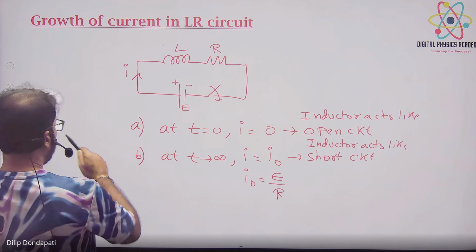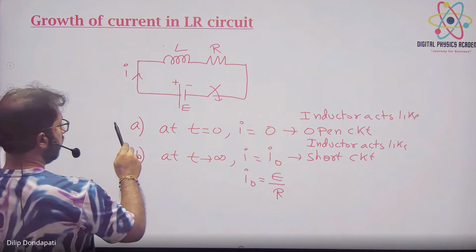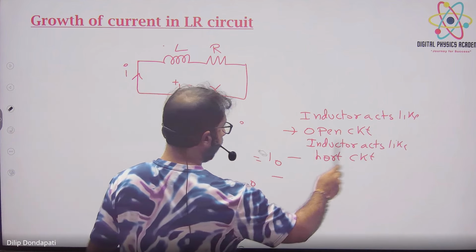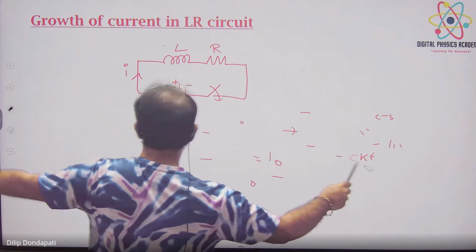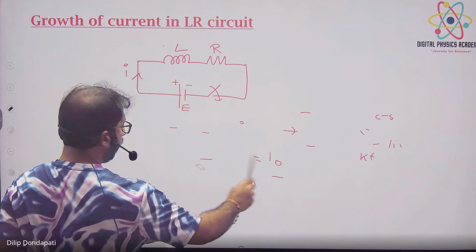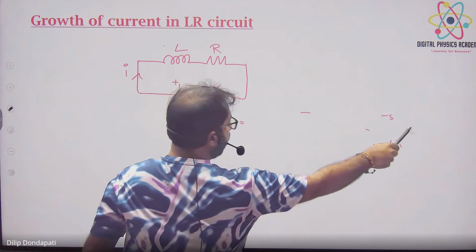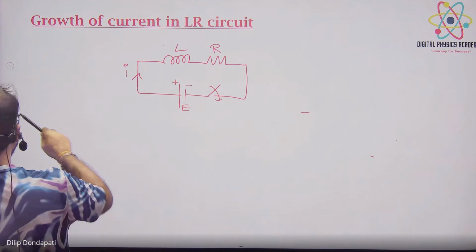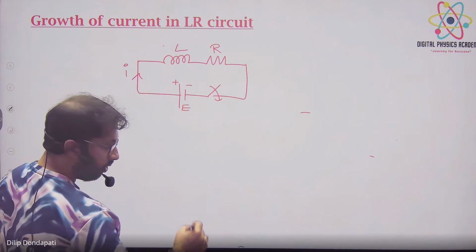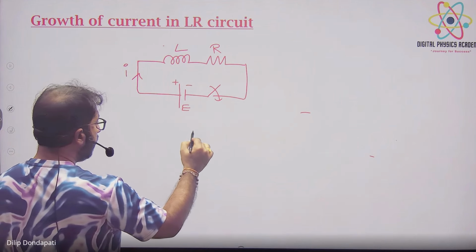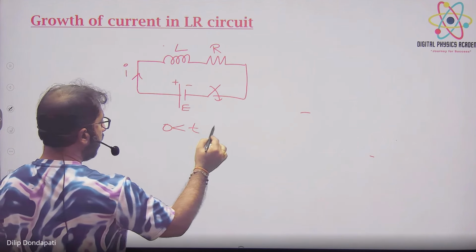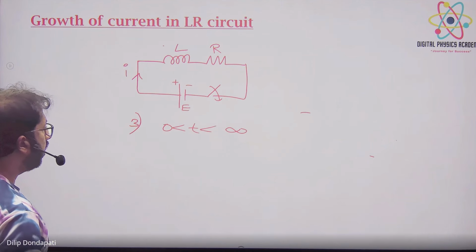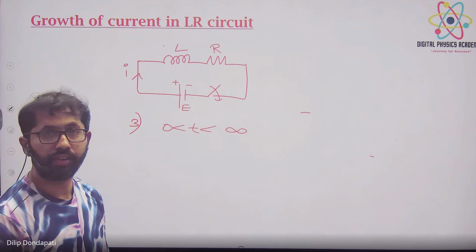Now I am taking the time in between, so at time t greater than 0 and less than infinity. In the third case, t is greater than 0, less than infinity.